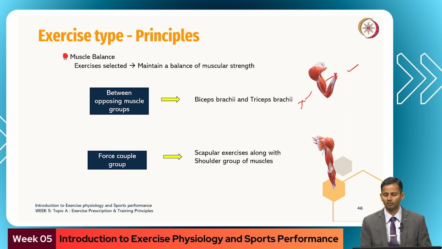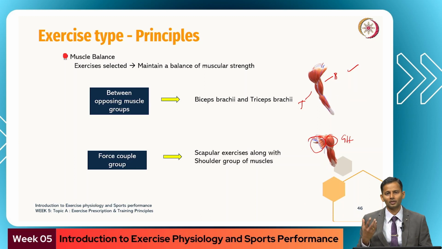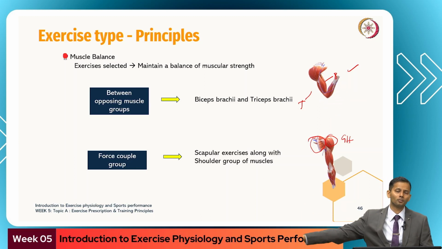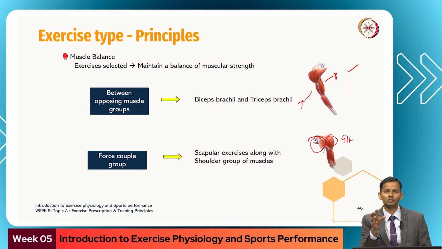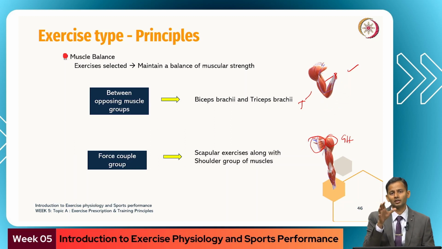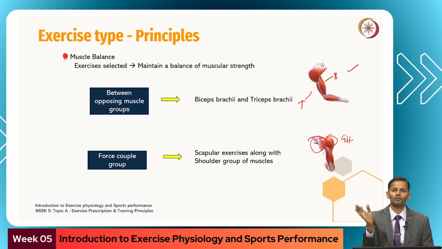Let's say for example, here these are the scapular muscles, and this is the movement at the glenohumeral joint. Whenever the glenohumeral joint comes up to 90 degrees, it is predominantly from the glenohumeral joint. But beyond 90 degrees, when you are trying to lift, there is coordination with the scapular muscles also. The scapula has to tilt upwards for the arm to raise beyond that 90 degrees.